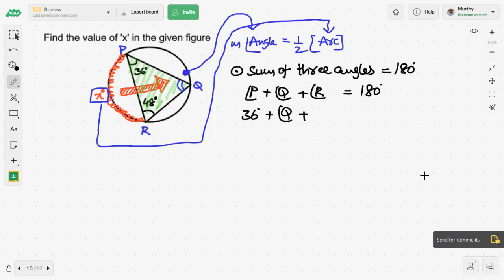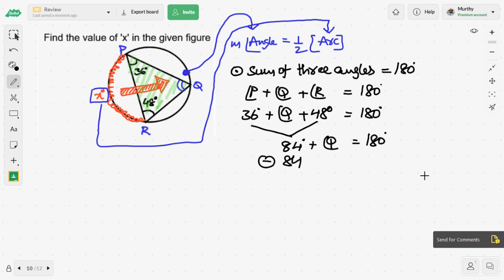Angle R equals 48 degrees. Then this equals 180. Let me sum up these two: 36 plus 48 is 84, plus angle Q is 180. Now take away 84. You know how to isolate. I need not explain again and again. So angle Q equals 96.